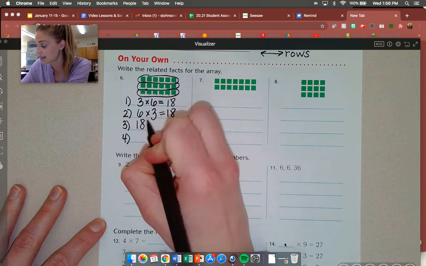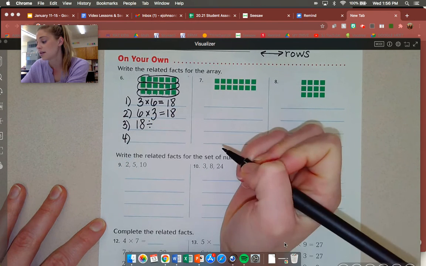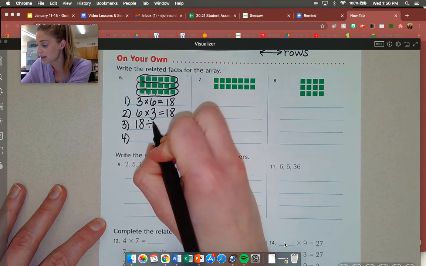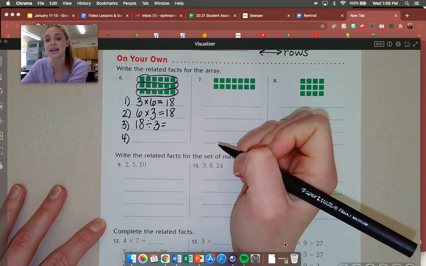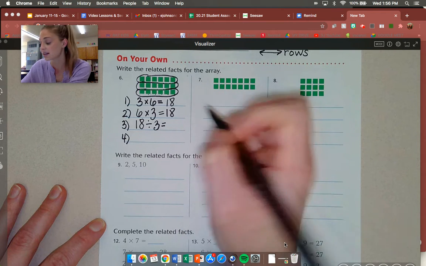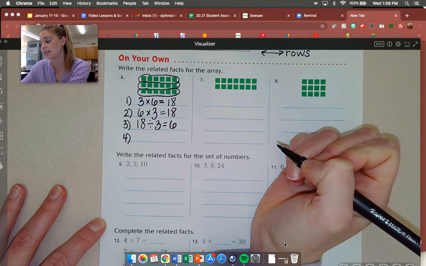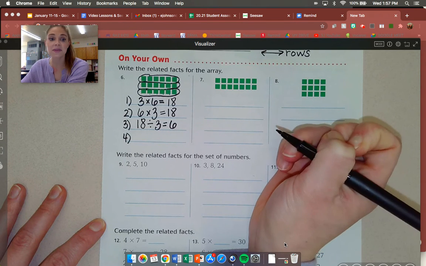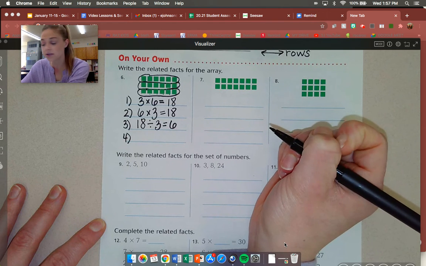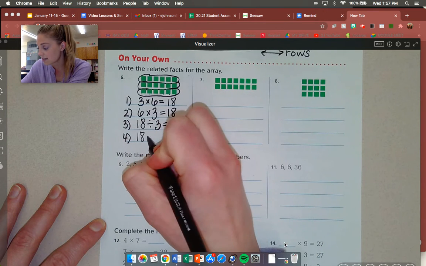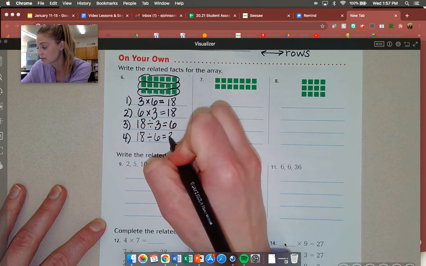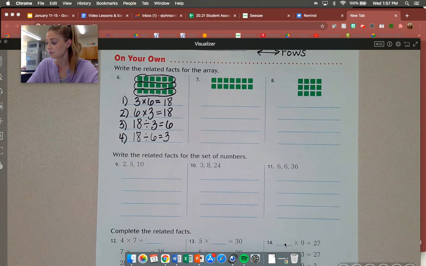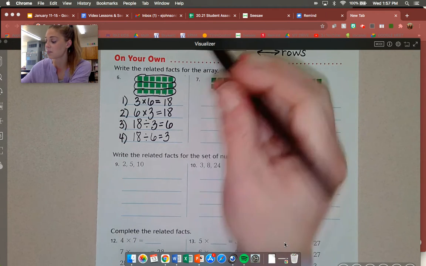That's the biggest number. 18 divided by how many rows do we have? 3 rows, so 18 divided by 3 equals how many in each row? 6. 18 divided by 3 equals 6. And if I want to write another division equation, I would do 18 divided by 6 equals 3. I would just flip-flop the 3 and the 6. So that's 4 equations that represent this array.